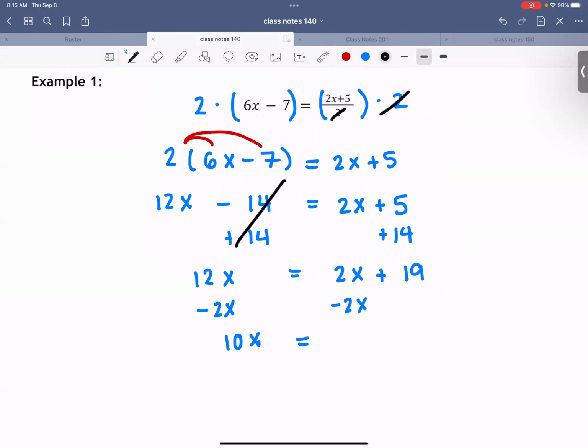On the right-hand side, looks like the 2x's cancel out, and we got 19 on the right-hand side. What should be my last step? Divide both sides by 10. Perfect. Divide both sides by 10 because we want to get x by itself. Oops, put x there instead of 10. And our final answer looks like x equals 19 over 10.